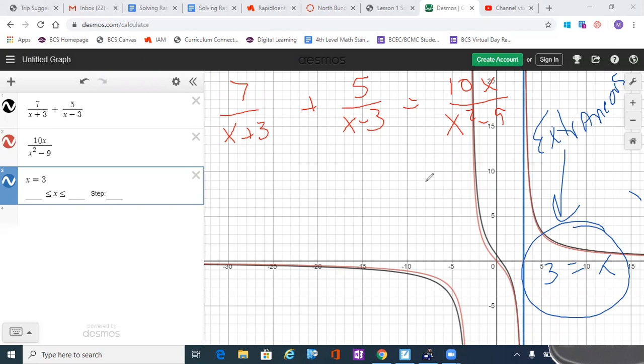So x equals 3 is a condition that will work inside the equation. However, if I was to put 3 in here, check it out. When we solve the problem, 3 minus 3 equals 0. And what can we not divide by? We cannot divide by 0, and that makes this a vertical asymptote. We learned that in key features of rational functions.